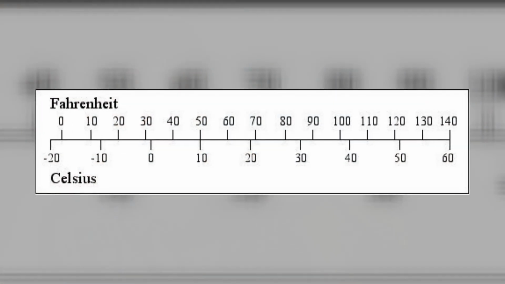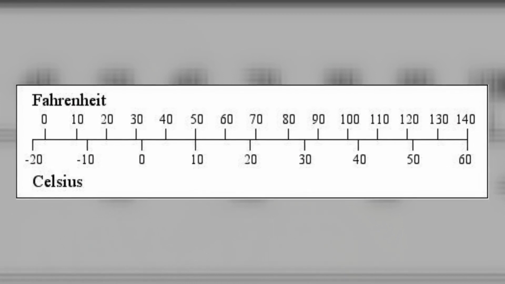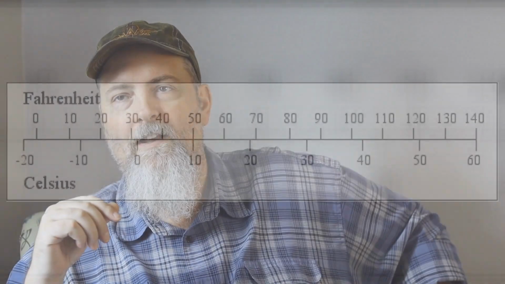So the Celsius scale, between those two same points, has 100 graduations. On the Fahrenheit scale, there's 180 graduations. That means it's almost 2 degrees Fahrenheit per degree Celsius. That gives me something I can visualize, I can understand.